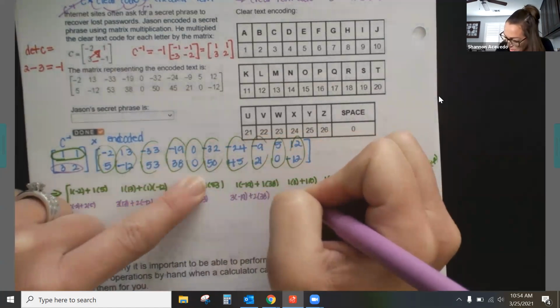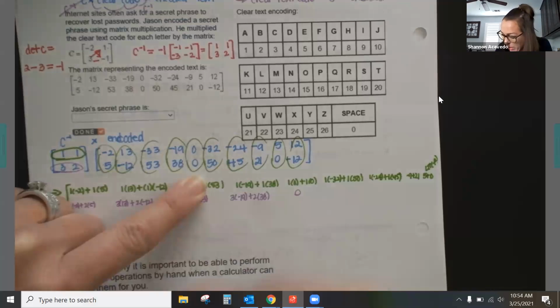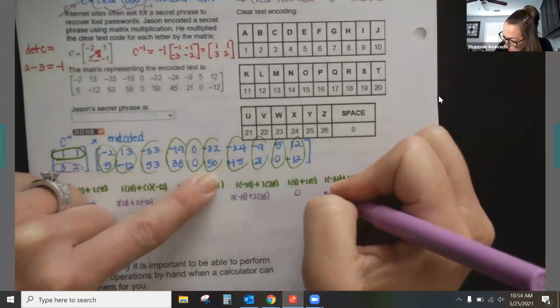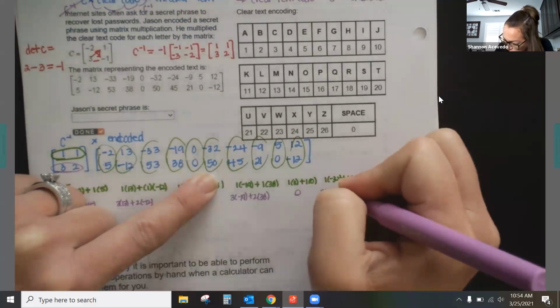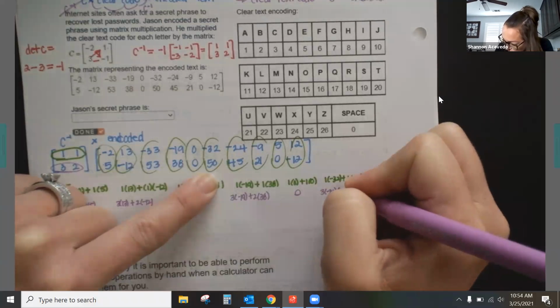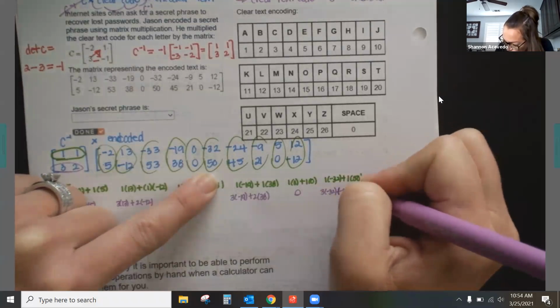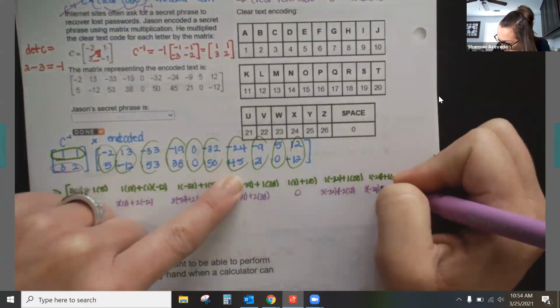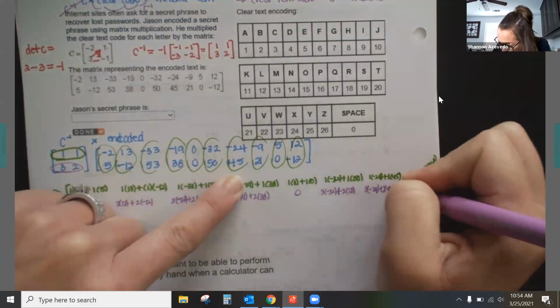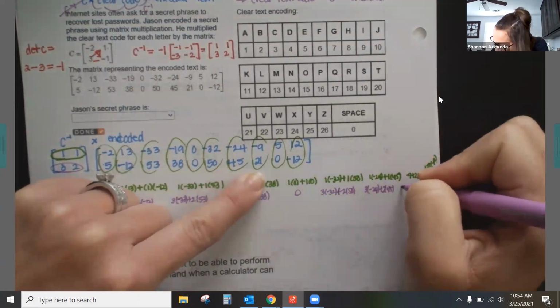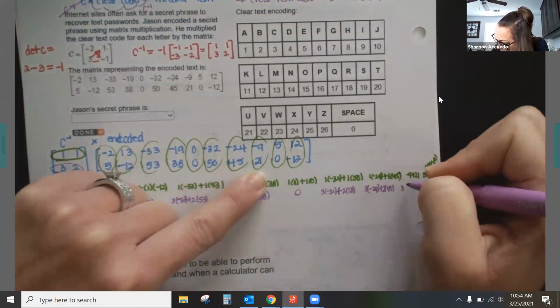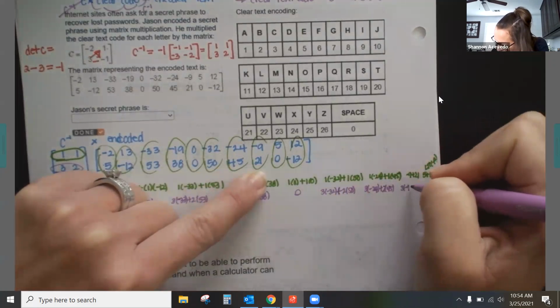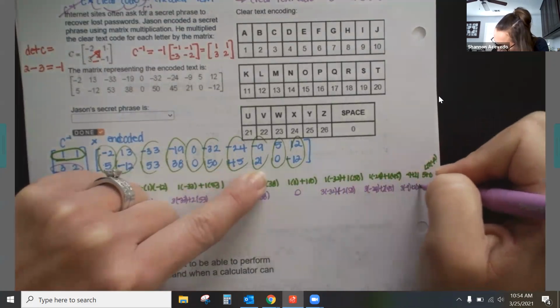This is going to be just zeros. I don't need to worry about it. It's going to zero out. This is going to be 3 times my negative 32 plus 2 times my 50. This is going to be 3 times negative 24 plus 2 times my 45. This is going to be 3 times my negative 9 and 2 times my 21.